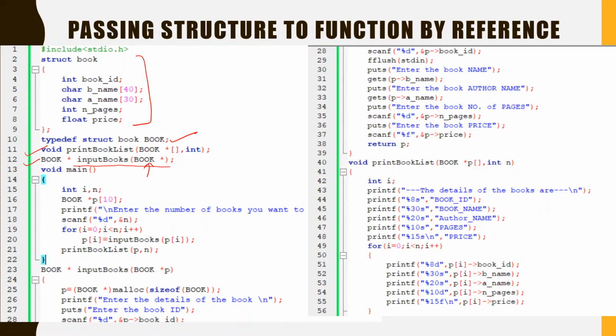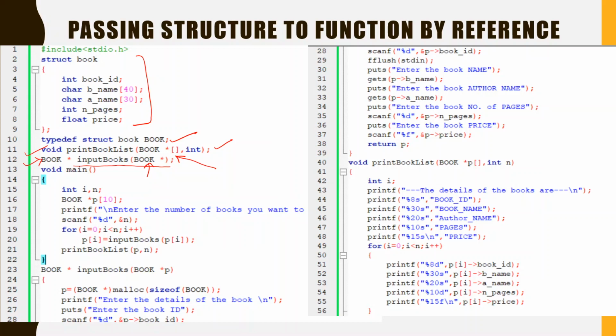That is, we will pass the address of the book where we want to get the input. And then when the input takes place, it is going to be returned in a book pointer of the same type. Fine, and then we will try to print it, and in the printing we will pass an array. We are going to pass an array of pointers of the book data type.